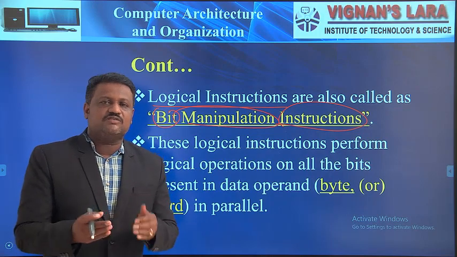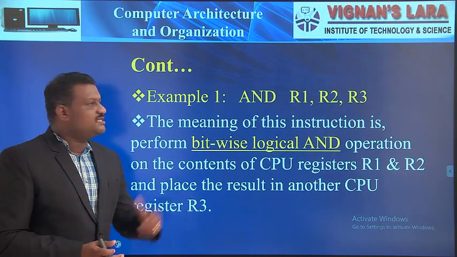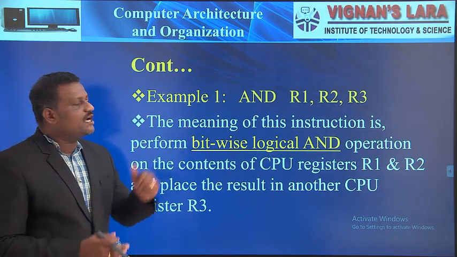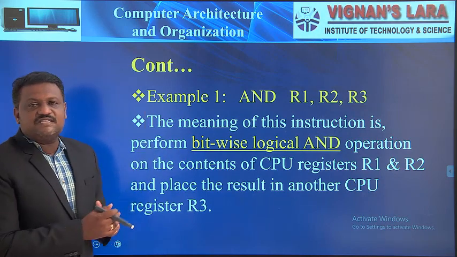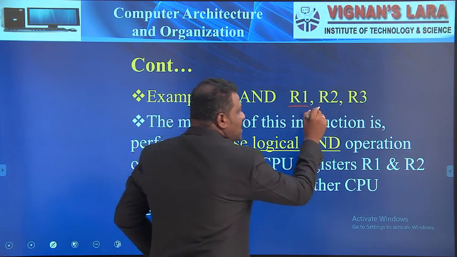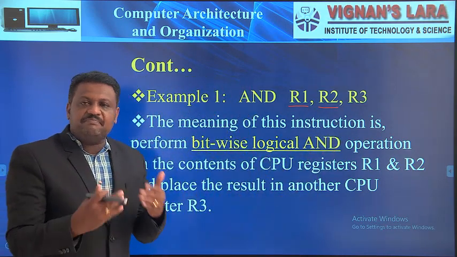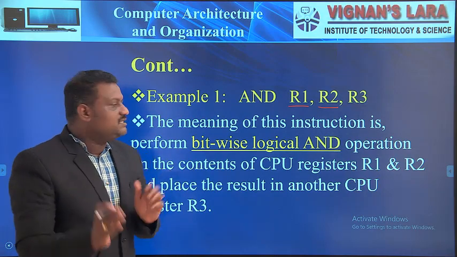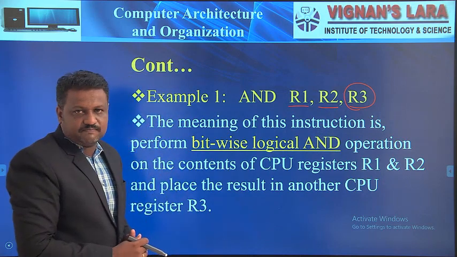We can see some examples. The first one is AND R1, R2, R3. The meaning of this instruction is to perform logical AND between the contents of CPU registers R1 and R2. After completion of the logical AND, the result is stored in another CPU register, which is R3.